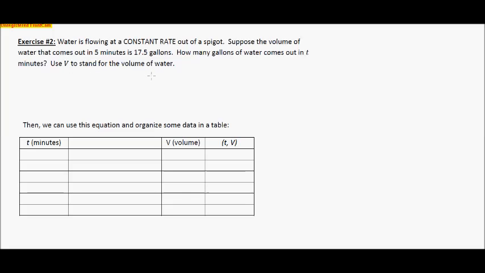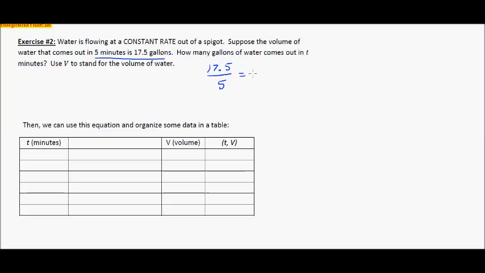Okay, so this is very similar to the previous problem, but we're kind of jumping right into part B of exercise 1. I'm focusing in on this 5 minutes and 17.5 gallons. So I'm going to make a ratio out of that information there. Remembering this is gallons up here, and 5 is the minutes down here.